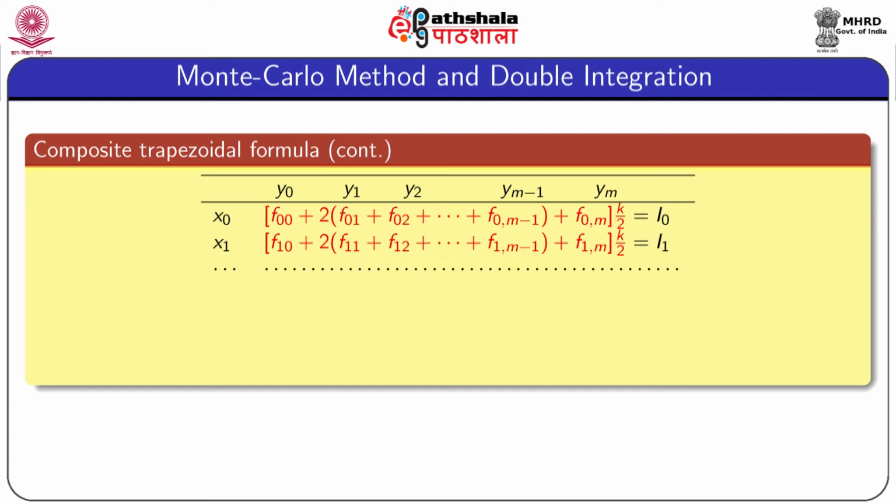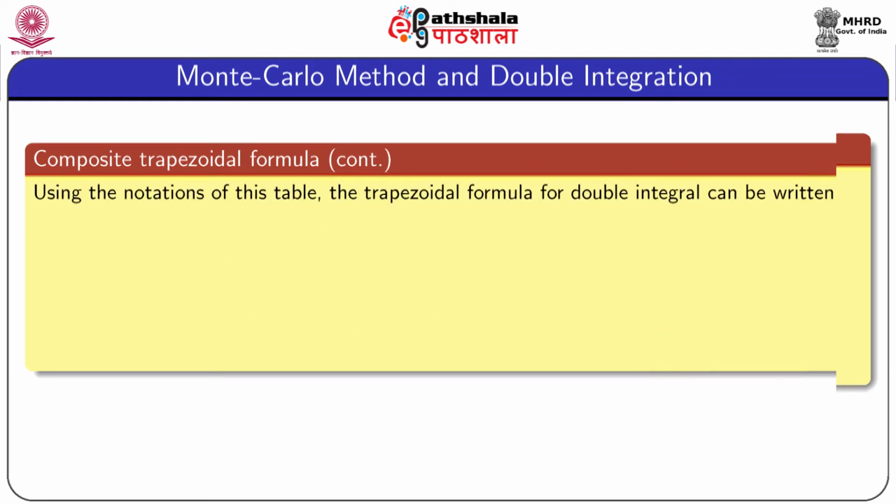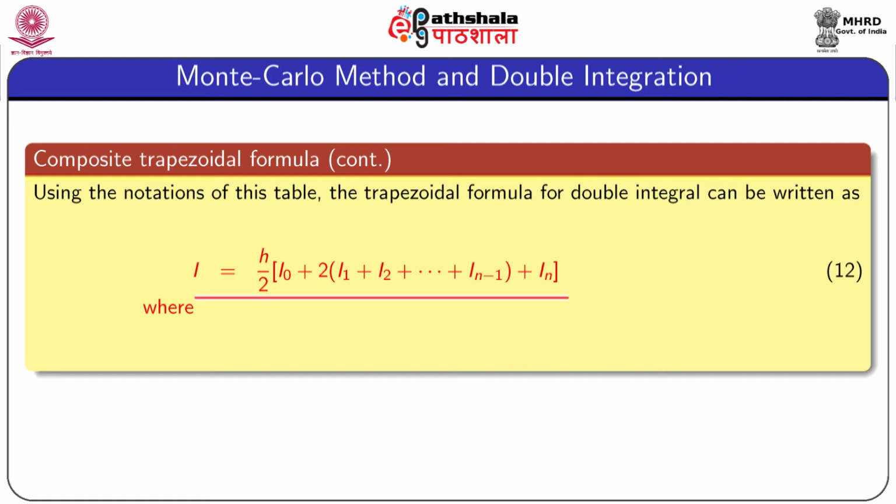Similarly, for x equal to x1, the entire expression is denoted by I1, and when x equals xn, the entire expression is written as In. So using this notation, the trapezoidal formula for double integration can be written as I equals h by 2 into [I0 plus 2 into (I1 to In minus 1) plus In]. See that this formula is exactly similar to the trapezoidal formula applied in the single variable case.